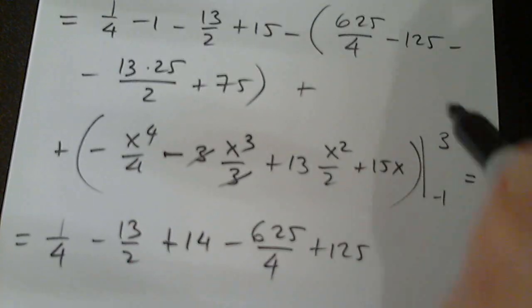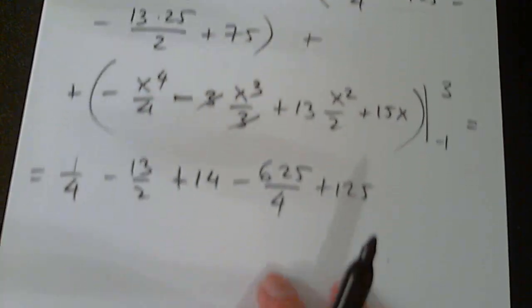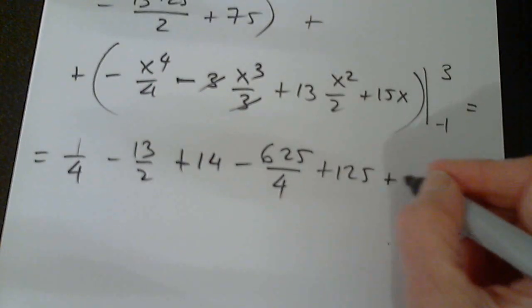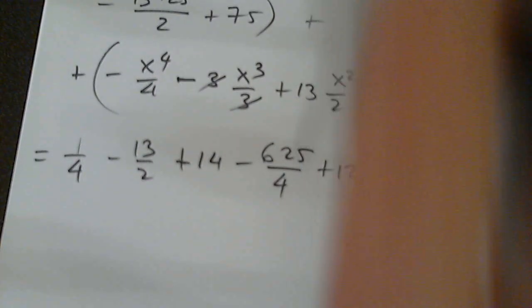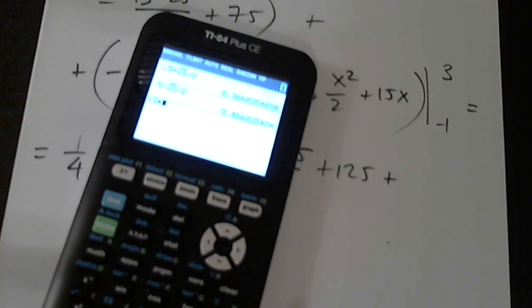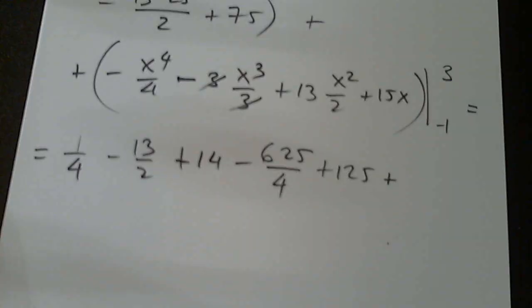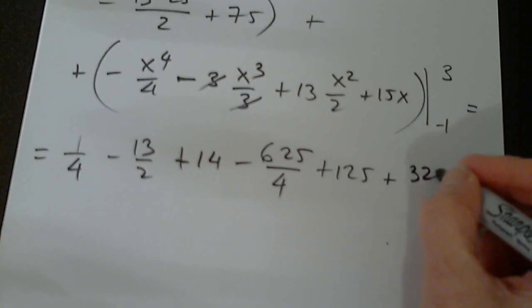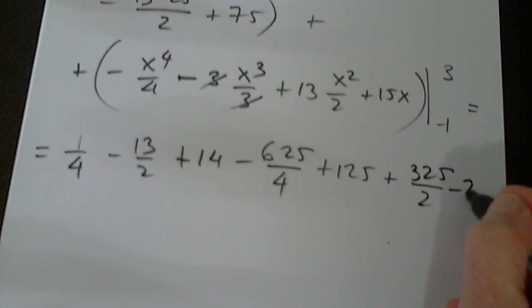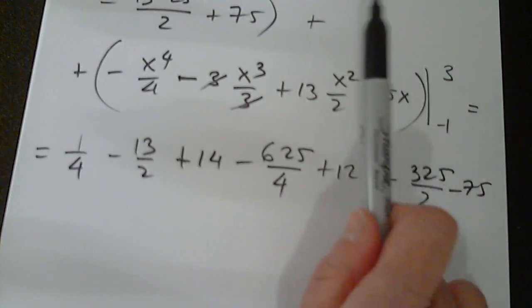Oh, maybe I should just do this one. Never mind, I already wrote it. Okay, plus, how much is 13 times 25? Anybody? 325, okay. And minus 75. Let me see if I changed all the signs.